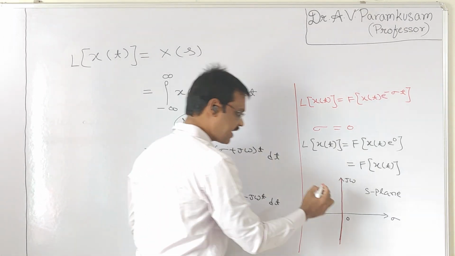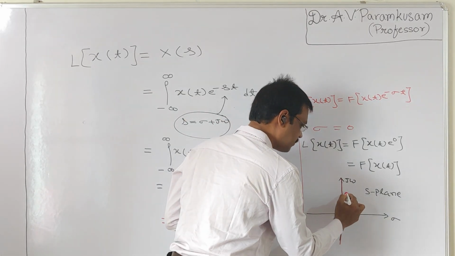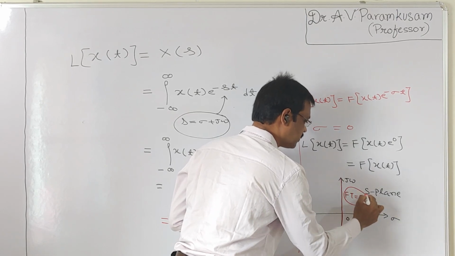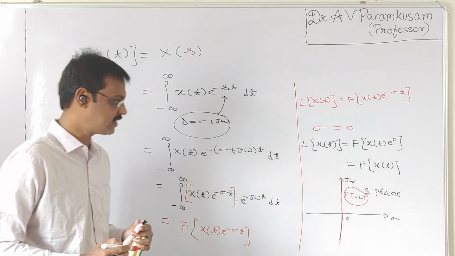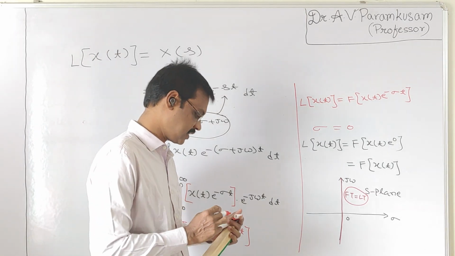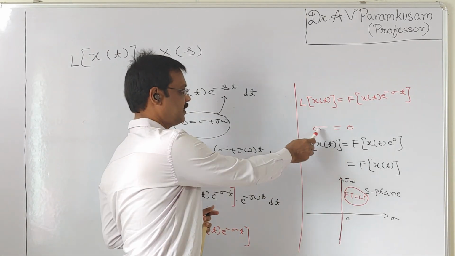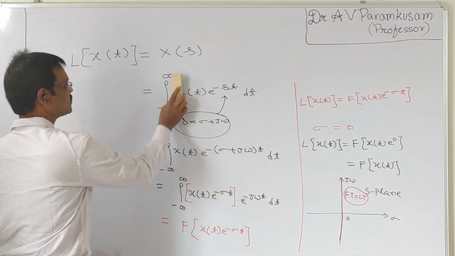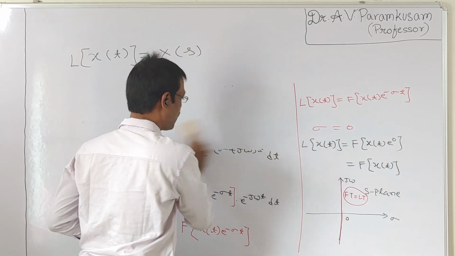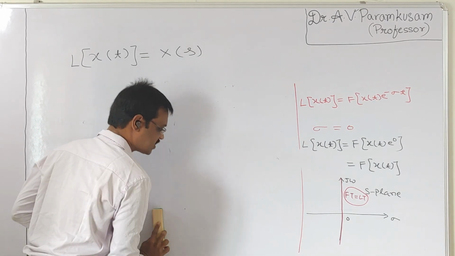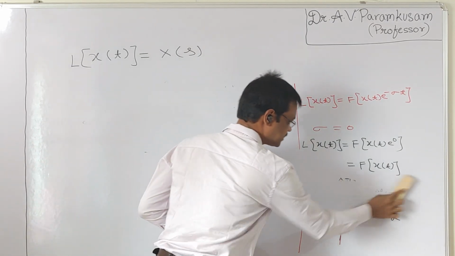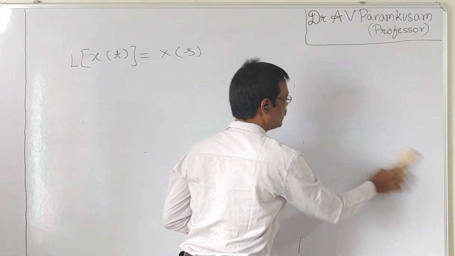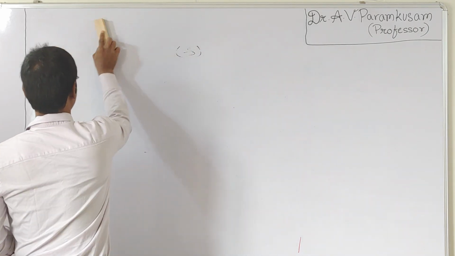So, on the j omega axis, the Fourier transform is equal to Laplace transform. So, this is an important result that we have obtained by setting sigma is equal to 0. Okay? So, this is the relationship between Laplace transform and Fourier transform. On the j omega axis, the Laplace transform will be equal to the Fourier transform of a signal.